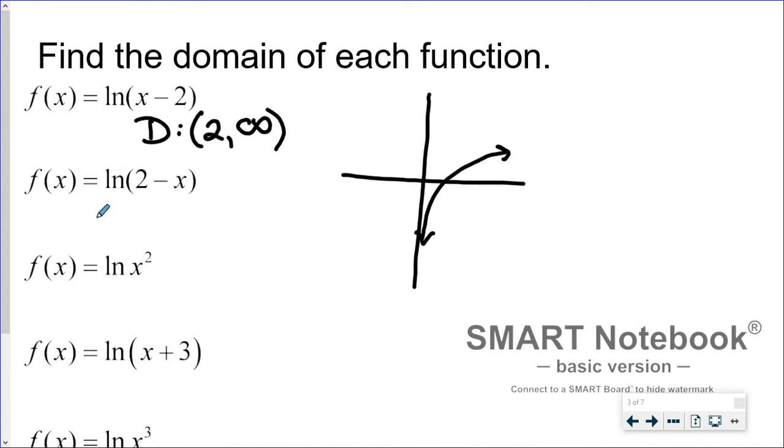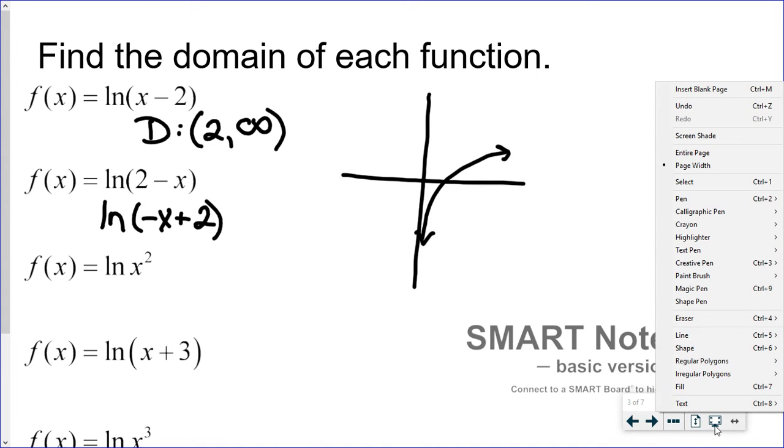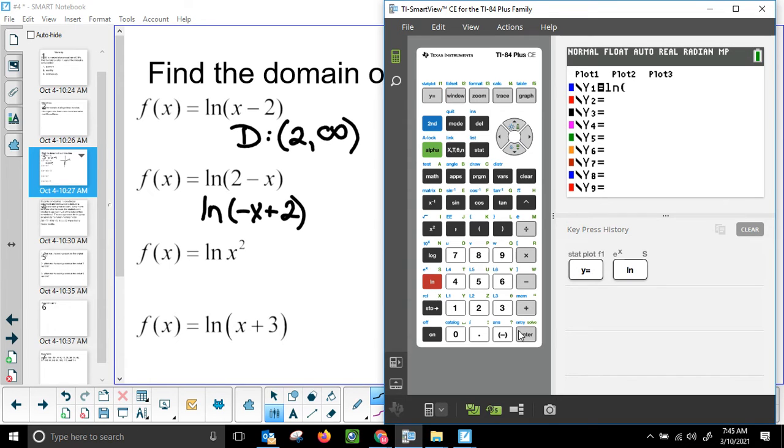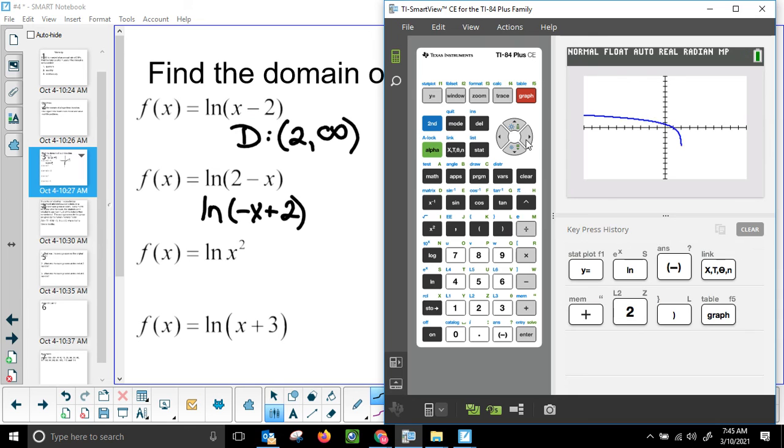Now here, you can think of this more as negative x plus 2. So we know that there's going to be a shift, and that it's going to be reflected about the y-axis, so it's going to be flipped over here. It's always nice to take a look at this.